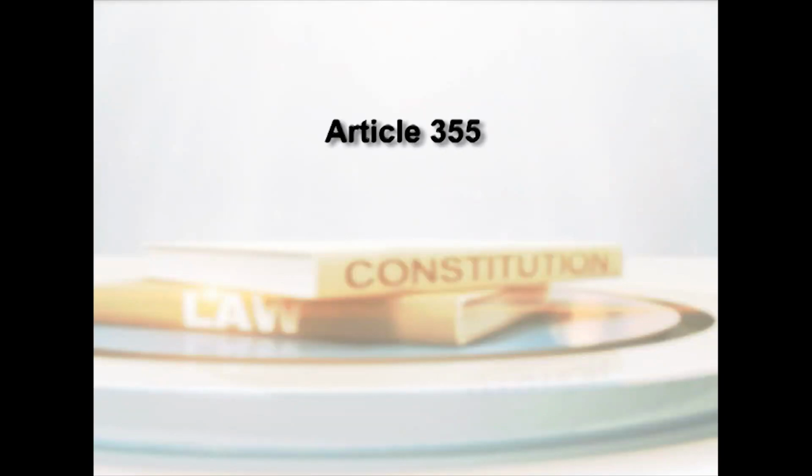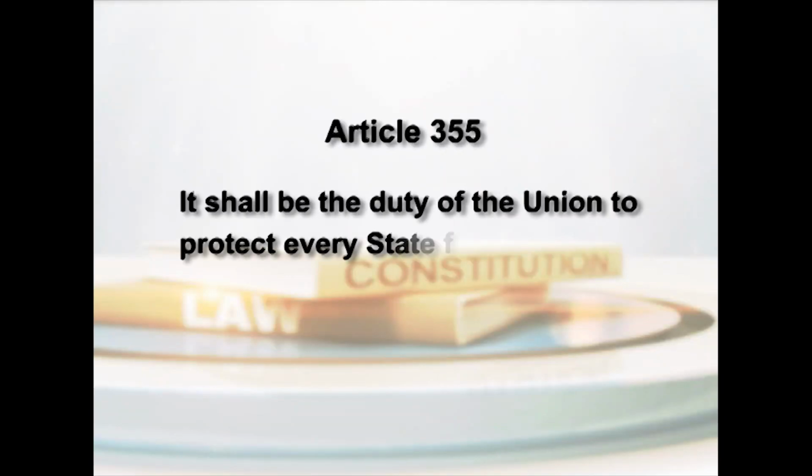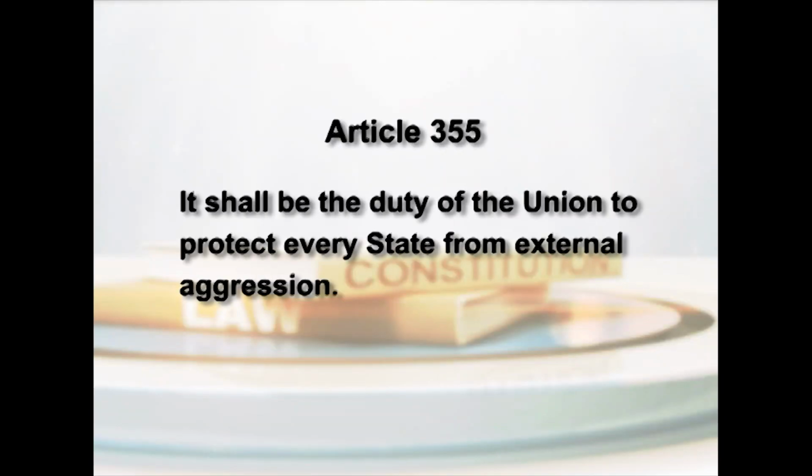What does Article 355 say? It says that it shall be the duty of the Union to protect every state from external aggression. But experience shows that these purposes have been distorted and there has been extensive misuse of power, often on the part of the central government.